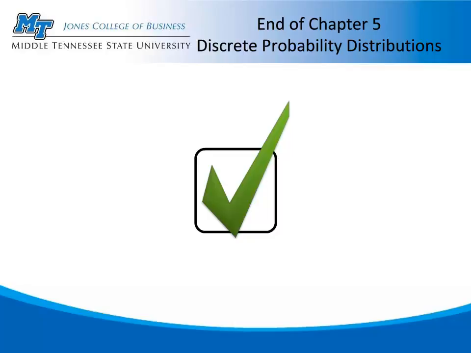Now it turns out that all these calculations that you do to figure out the expected value, or the mean, to figure out the variance and standard deviation, are very, very easy to do if you have a binomial random variable. But we'll get into that in the next presentation.